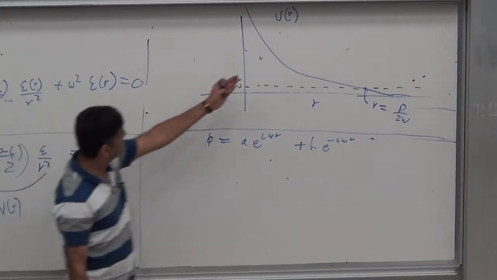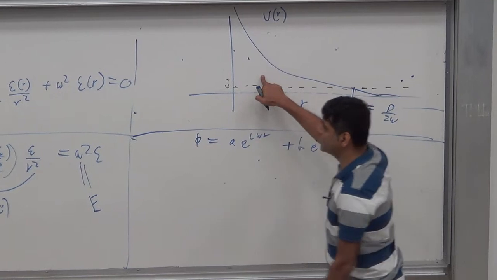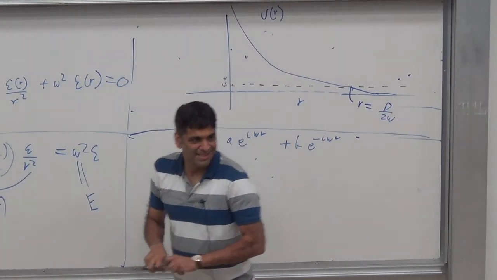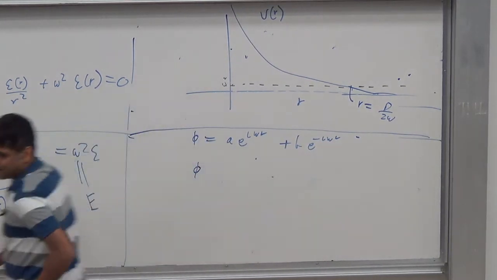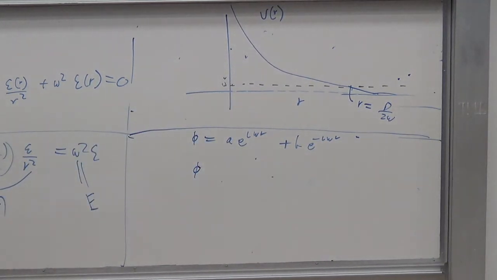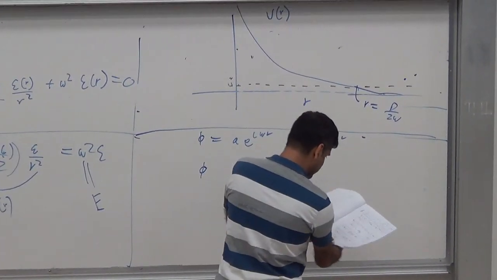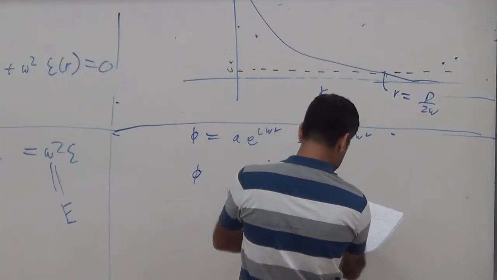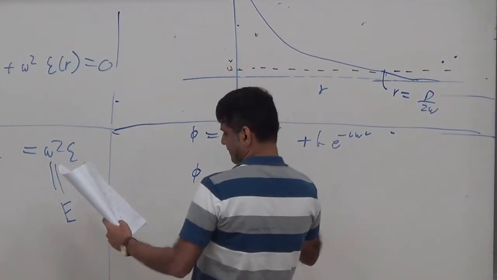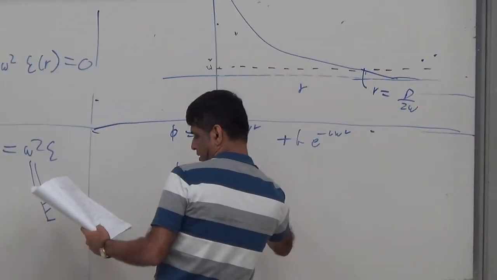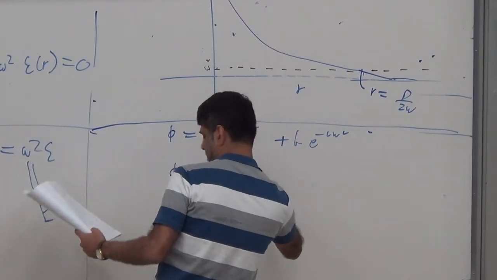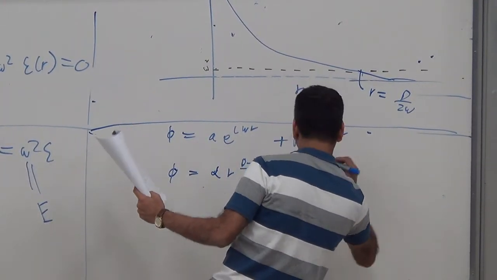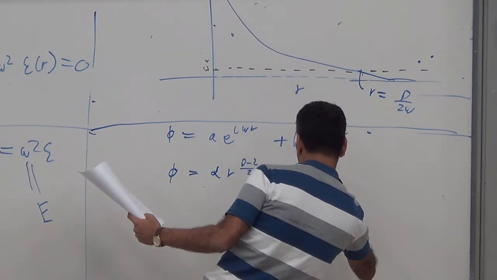What about the small r regime? In the small r regime, we can forget about omega because this term way overwhelms it. The equations are homogeneous in powers, so you have to work out the powers, and you find that the solutions are phi equals alpha r to the power (d minus 2) by 2 plus beta r to the power (d minus 4) by 2.